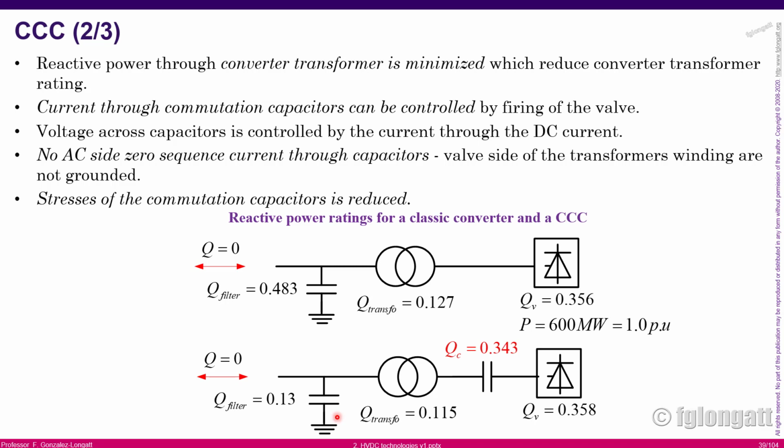The idea is that the commutation in a classical LCC creates a lot of stress across the transformer and the network, and this capacitor is creating a smooth transition. With those capacitors, we have a smooth transition, flattening the effects or reducing the stress on the grid.